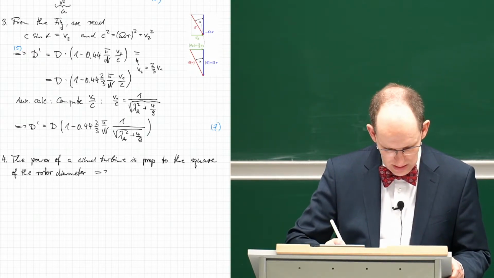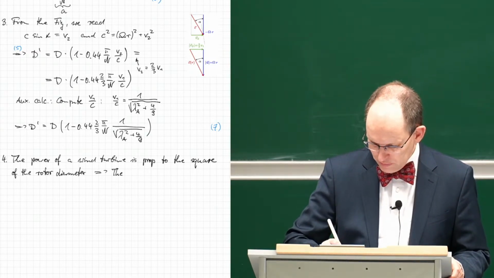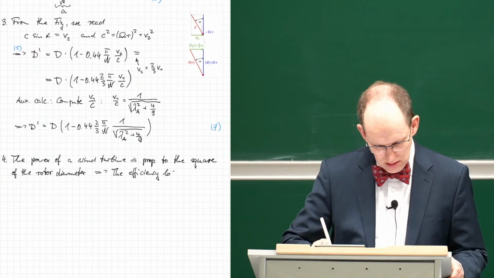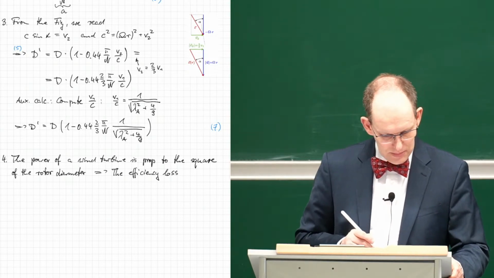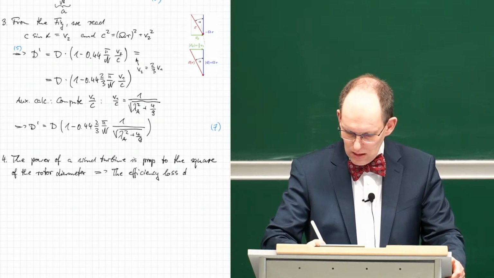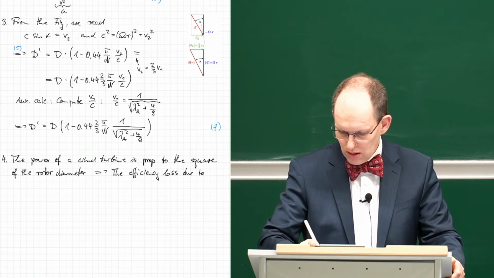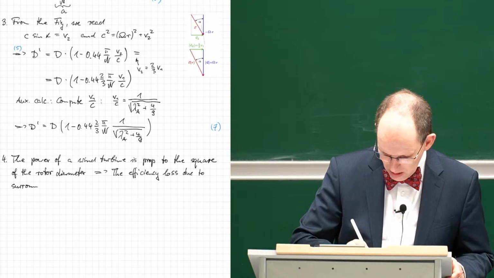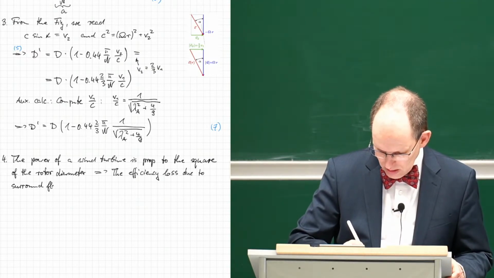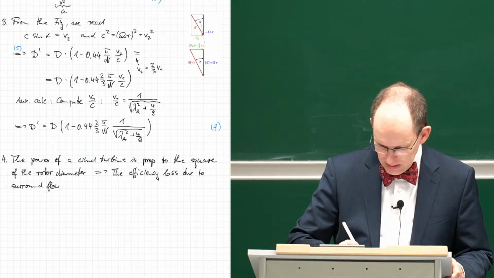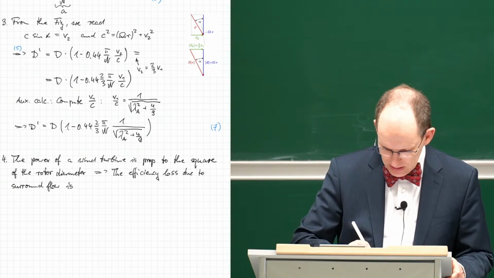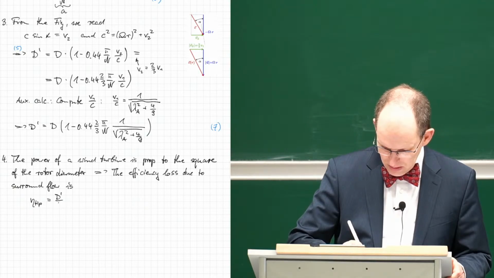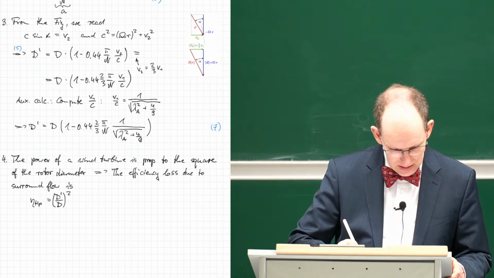And this means the efficiency loss due to surround flow or bypass flow is, so we have eta tip equals D prime over D squared, right?